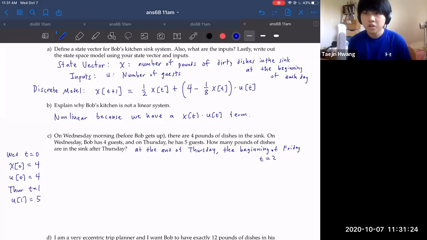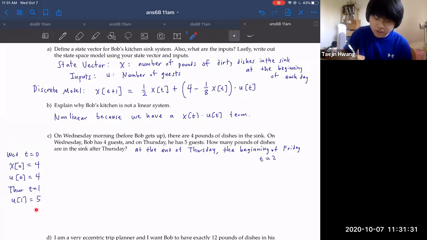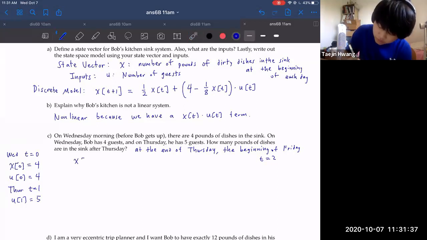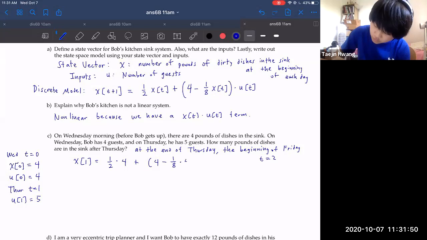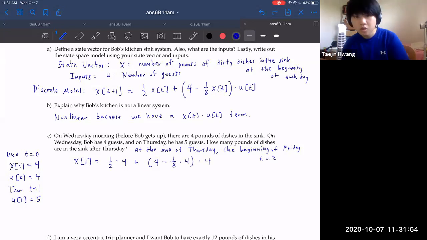So from here on, it's just looking at our model and plugging in our values we have over here and working it out step by step. So if we plug in t equals 0, we see that x of 1 is going to be equal to 1/2 times x of 0, which is 4, plus 4 minus 1/8 times x of 0, which is 4, times u of 0, which is again 4.